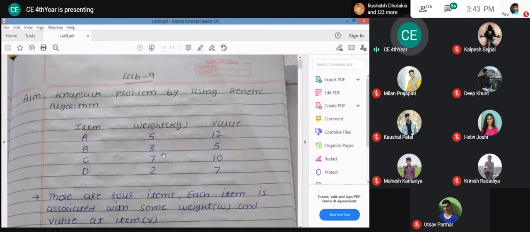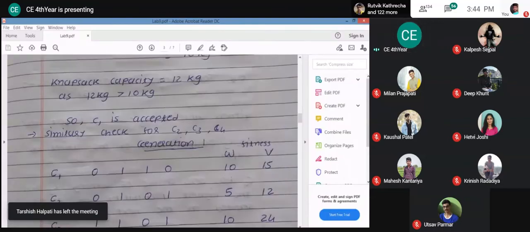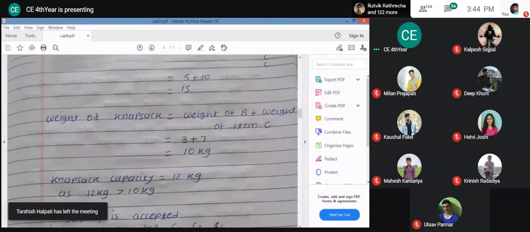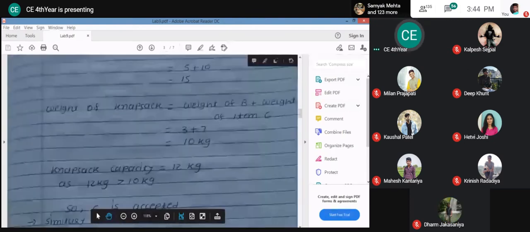So what is the weight? Only these 2 items are present, so the weight is 3 plus 7, that means 10 in C1, and the value is 5 plus 10, that means 50. The weight is 3 plus 7, that means 10 kg.